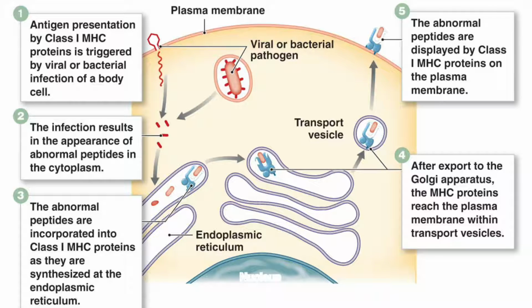When a cell becomes infected by a virus or a bacteria, as we see happening here, the MHC proteins will grab the foreign protein, and it's going to be sent to the plasma membrane through a transport vesicle. And now this is like putting up a flag on the cell saying, "Help, I'm infected, come get me." So they're going to alert the immune cells. So all cells have these MHC1 proteins.